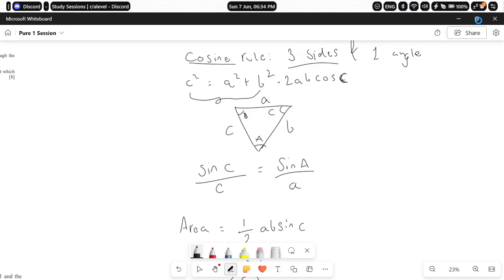So I just wanted to mention that you might get those type of questions where they give you a general binomial expansion, right? And then they could say find the term which is independent of x.